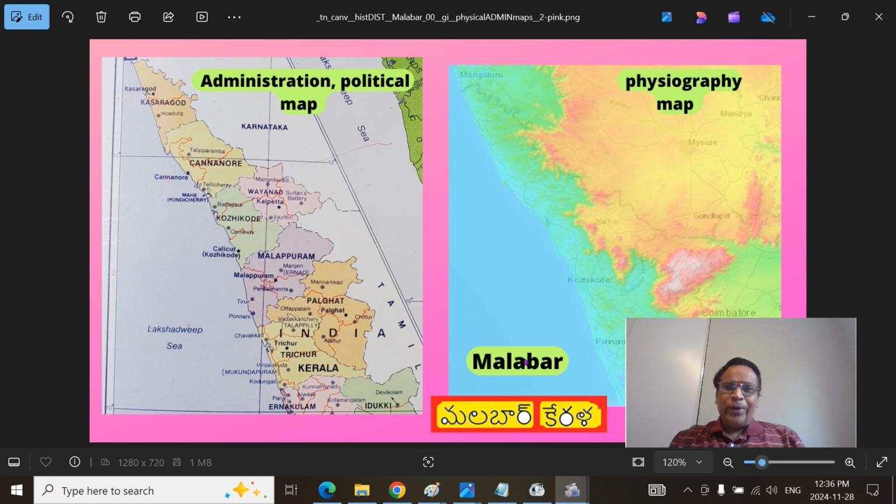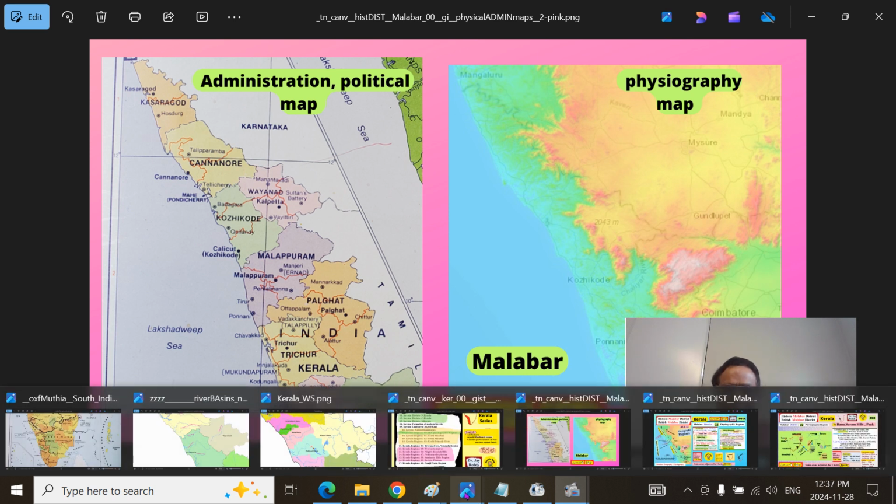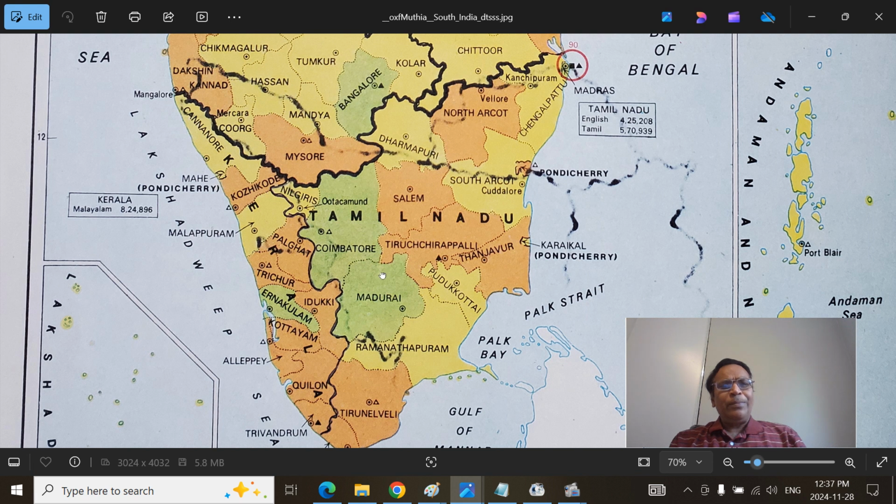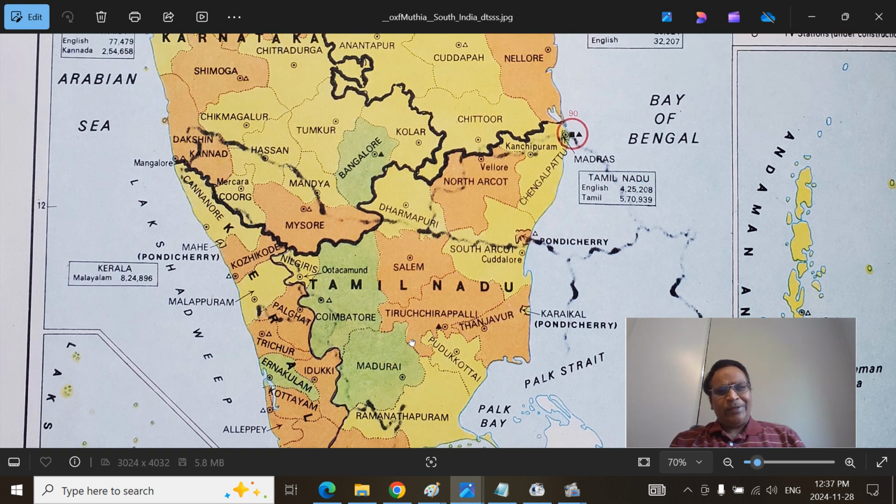We are concentrating on the historic Malabar region, that is the northern part of Kerala province, God's own country. This is the map of Dakshinapatha, south of the Tapati river.